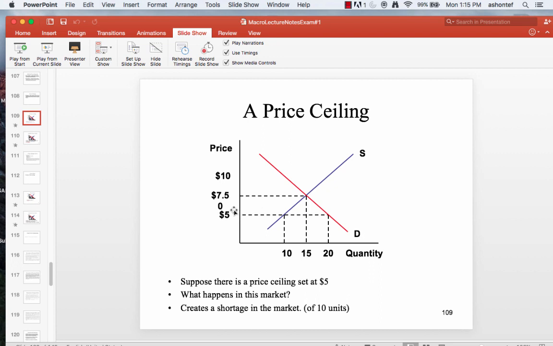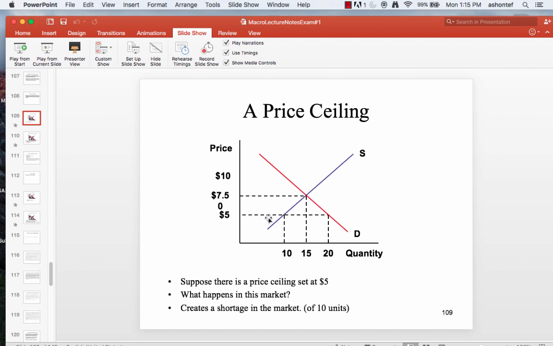Again, if a price ceiling is set below the equilibrium level, it would be binding and it's going to cause issues. So let's pretend that the ceiling the government set is $5. Instead of the price being $7.50, the government says it really should only be $5.